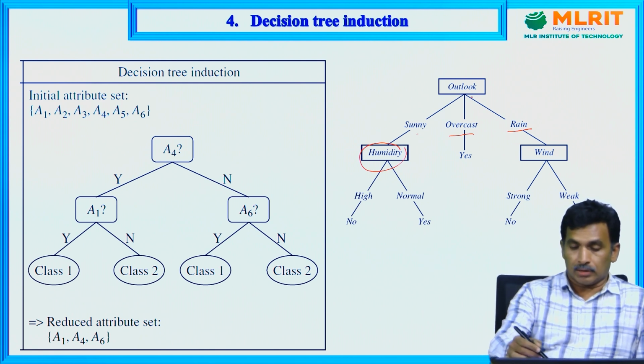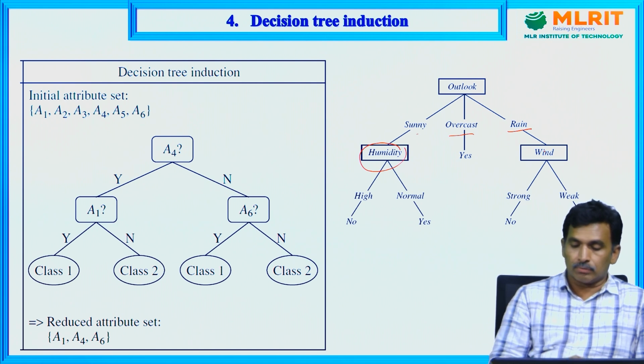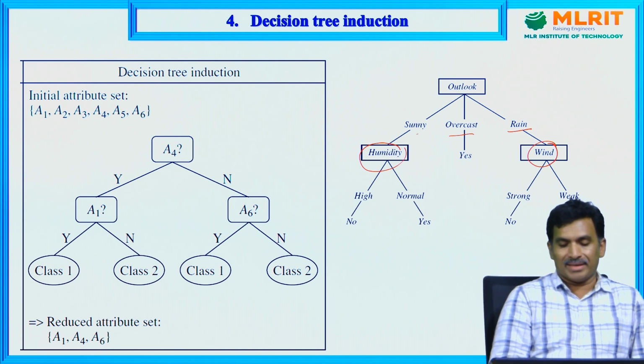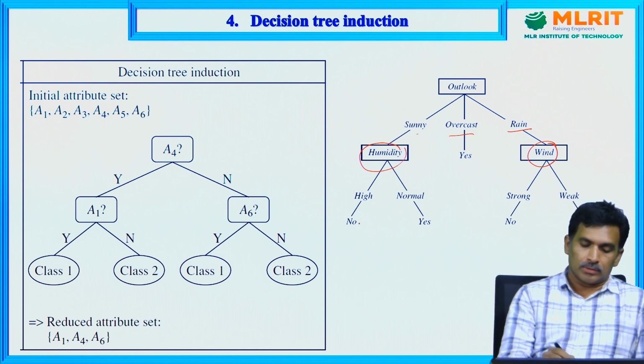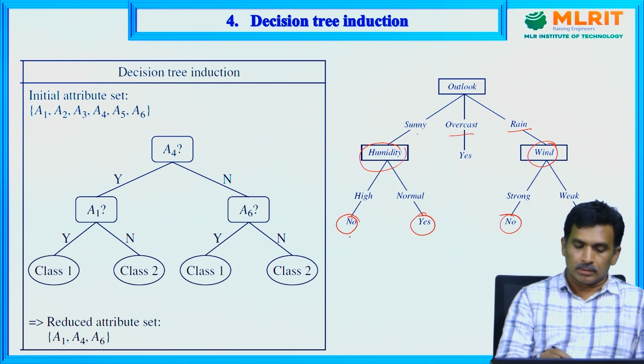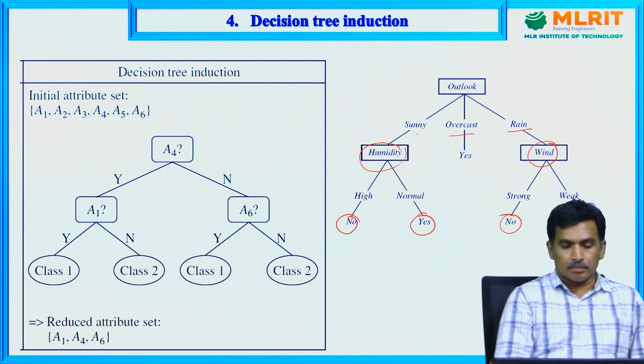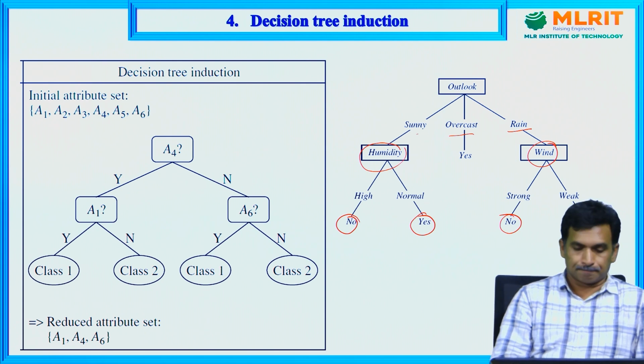If the outlook is rain, we are going to use the attribute wind, whether it is strong or weak. You can see the leaf nodes, yes and no, represent whether the team played the match or not.